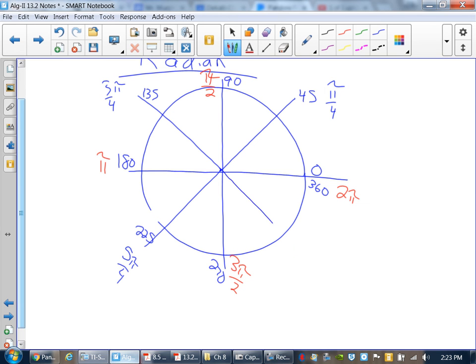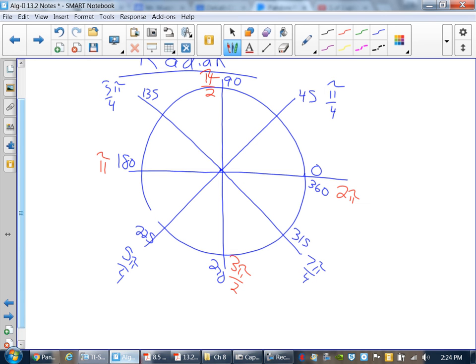This one's going to be 7/4 at 315. Because if you go up 7/4, you add a fourth to it, you're at 8/4. And 8 over 4 is 2. So you work through that.